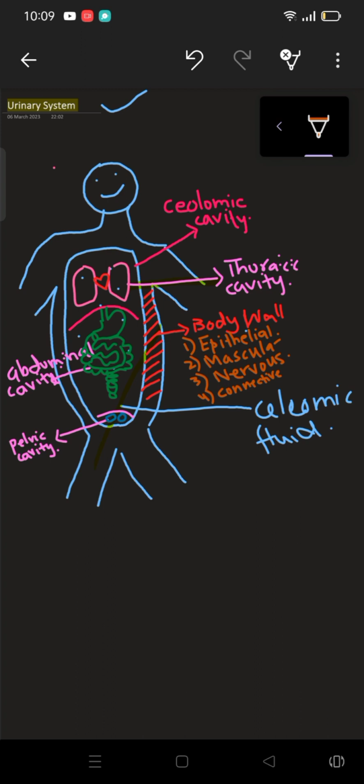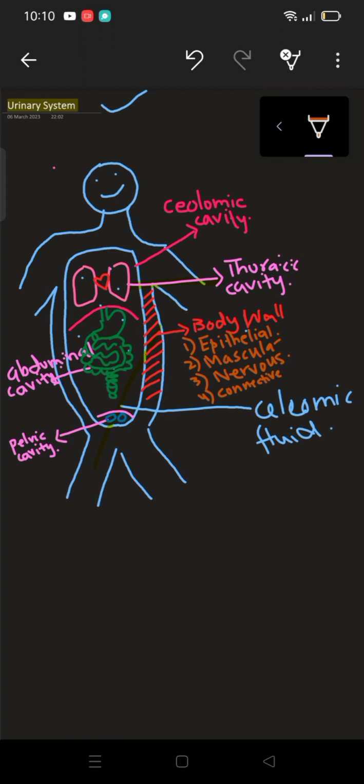We do have three types of muscular tissue: smooth muscles, skeletal muscles, and cardiac muscles. The third is nervous tissue, which is present in your nervous system. And the last is connective tissue, which is connecting, joining the parts of your body.